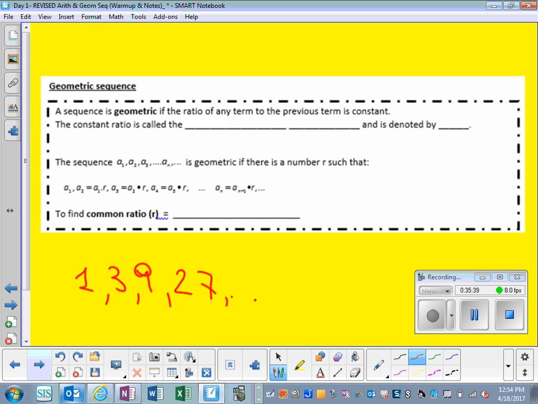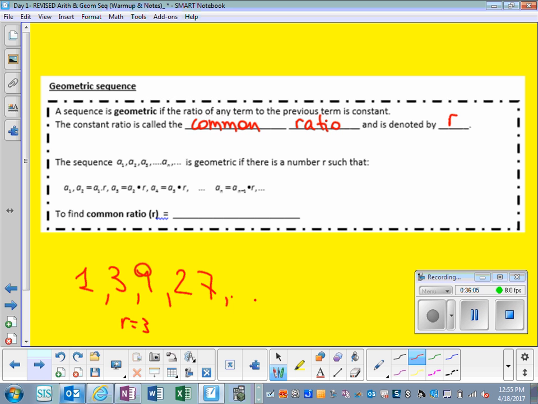So if we start with A1, we can choose anything for the first term, and then we choose our common ratio, which we denote by R in this class. In Luis's case, he chose R equals 3, so he's multiplying by 3 every single time.